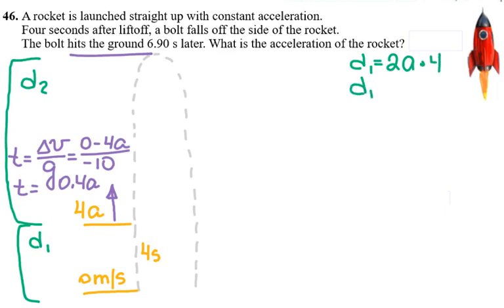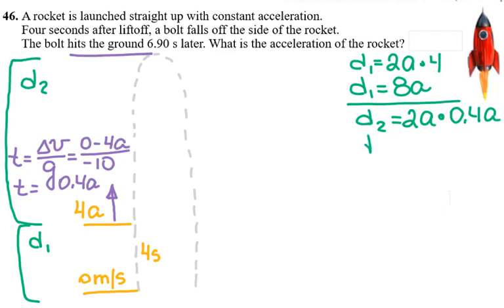So distance 1 is 8a. Distance 2, again, the average velocity: at the top it's going to be 0 and the initial is 4a, so the average velocity is 2a. And the time we figured out is 0.4a. So distance 2 is equal to 0.8a squared.